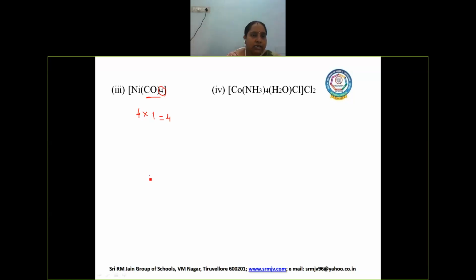So the structure will become Ni with one carbonyl group, because the lone pair electrons around oxygen will not allow the other ligands to get attached very close, so the other three will be arranged like this. Okay, which gives us the tetrahedral structure.